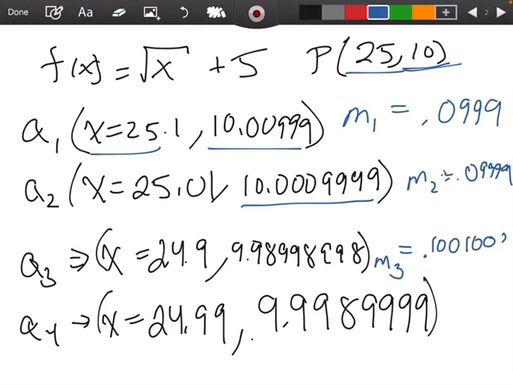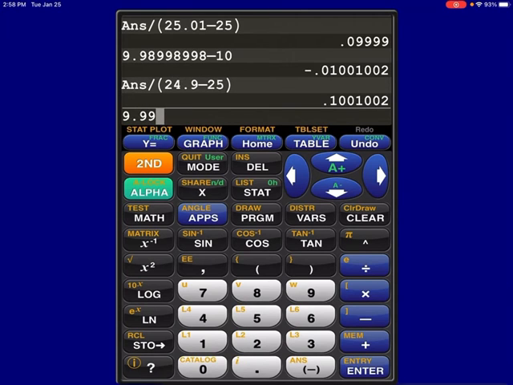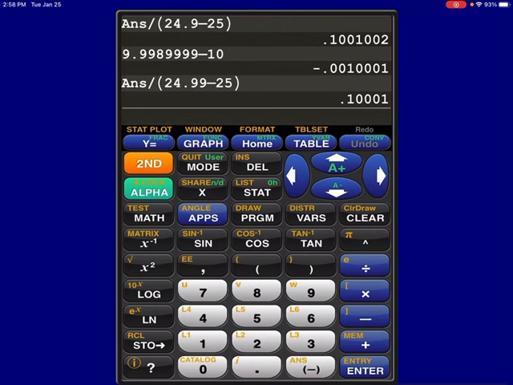So 9.998 and 4 nines, minus 10, divided by 24.99 minus 25, and I'm coming up with 0.1, 3 zeros and a 1.